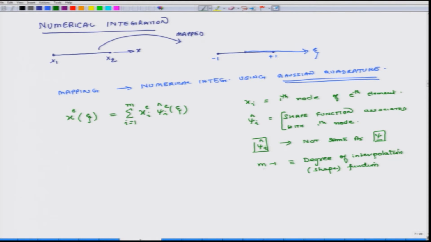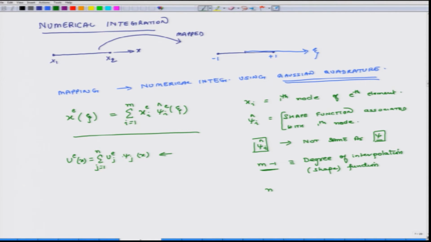Okay. Now, again we have put m minus 1 for the shape function, but for u's we had n, because we had also approximated u at element level, and that we had written as u^e = sum of u_j^e psi_j(x), j is equal to 1 to n, right. So, this is an approximation.